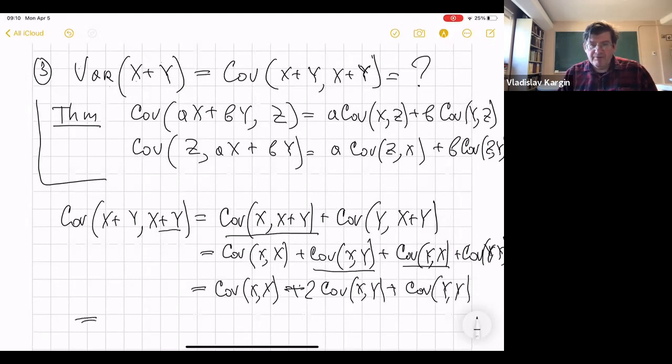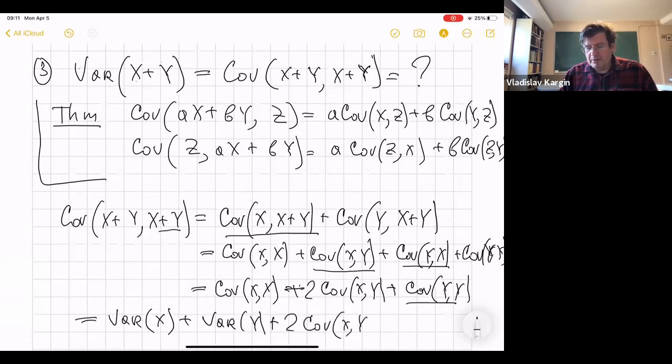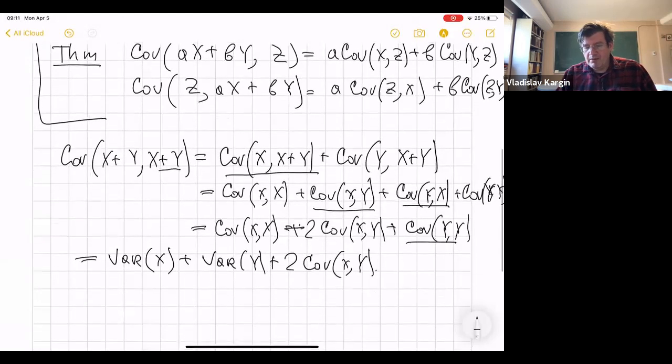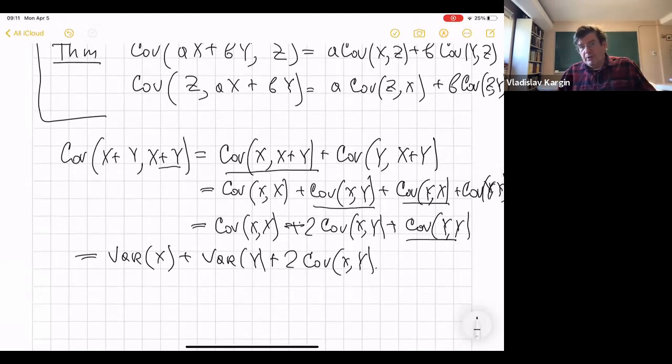Well, covariance of x and x is equal to variance of x, plus variance of y, plus 2 covariance of x and y. And so we derive a formula for the variance of the sum of two random variables.